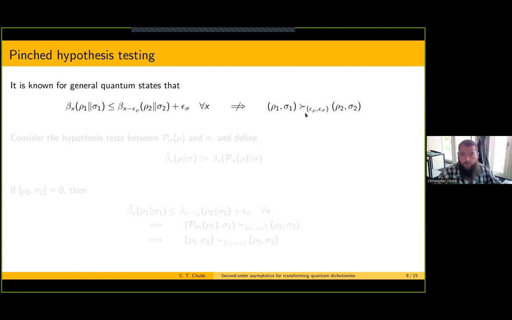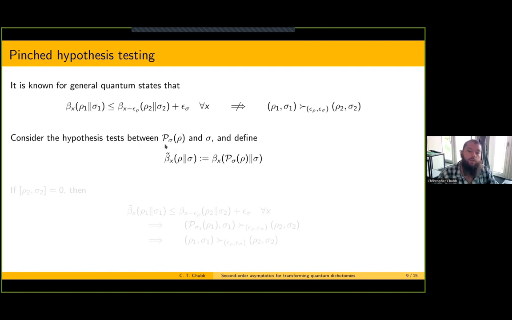Even the non-approximate version of this is known to not generally be enough. So what we're going to do is define another sufficient condition. Now for single shot, it may not be good enough, but in these asymptotic regimes we're going to see that this is good enough to get tight results in most of the error regimes, which is quite nice.